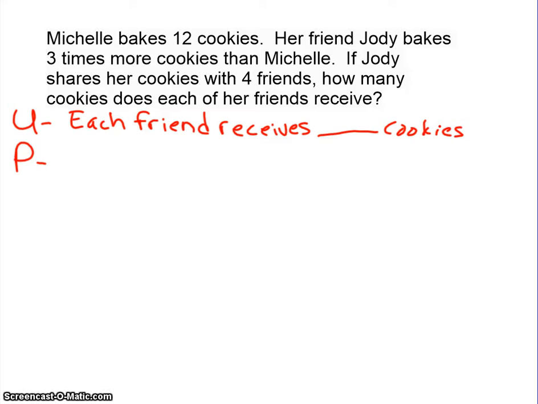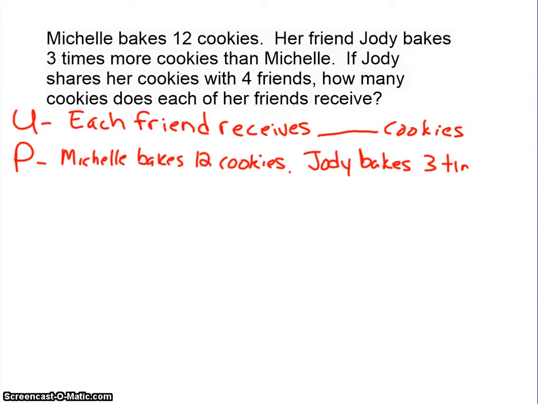Alright, now our plan, we need to write down what we need. We know that Michelle bakes 12 cookies. Okay, her friend Jody bakes 3 times as many cookies as Michelle, so 3 times the cookies Michelle bakes.